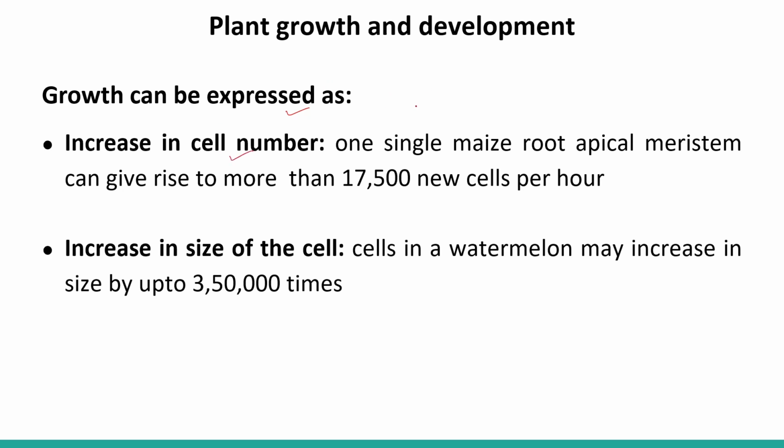Now again, growth can be expressed as, we have already discussed, increase in cell number. One example is the root apical meristem in maize, which is denoted as this. One single root apical meristem in maize can give rise to 70,500 new cells per hour.